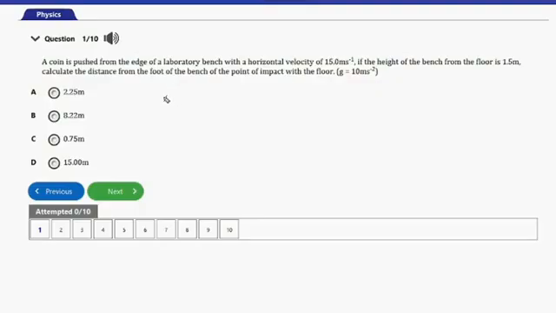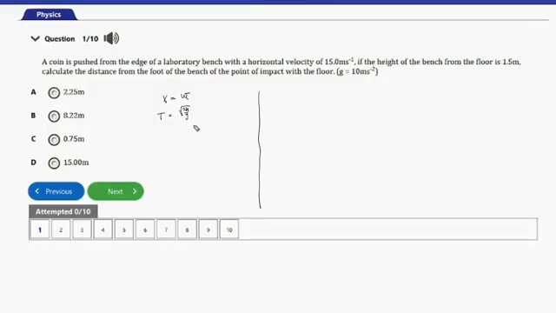So assuming we are using the range x is equal to ut, we have to find the time first of all before we can solve using ut, guys. So the time here will be given as root 2h over g.